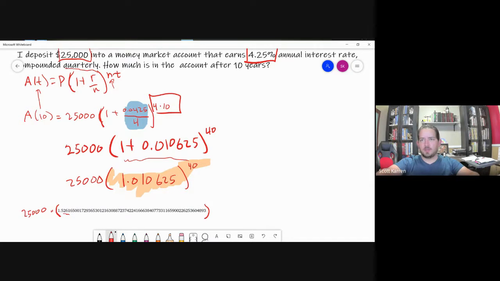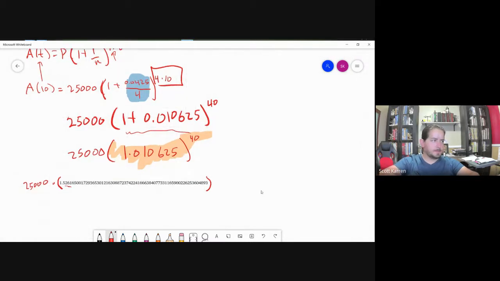So if I take that, multiply it by 25,000, I get 38154.12504, and this number goes on forever, but I don't really care because we're talking about money, and they're never going to give you portions of a penny, right?